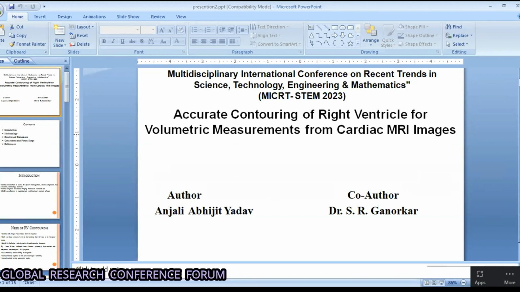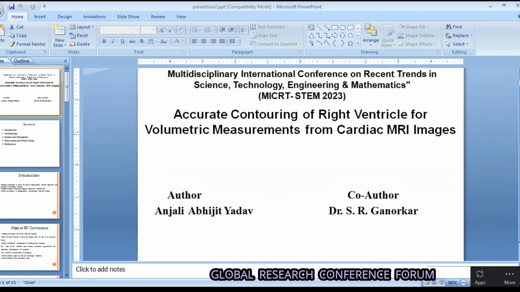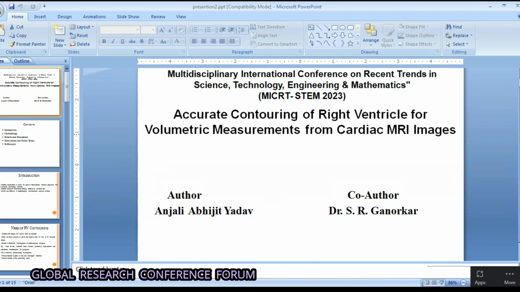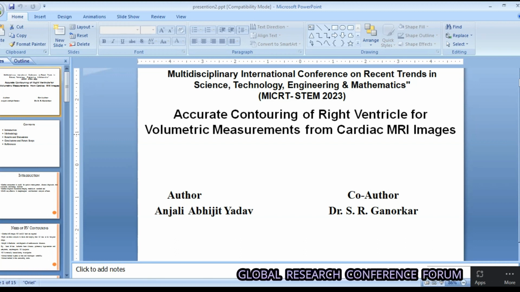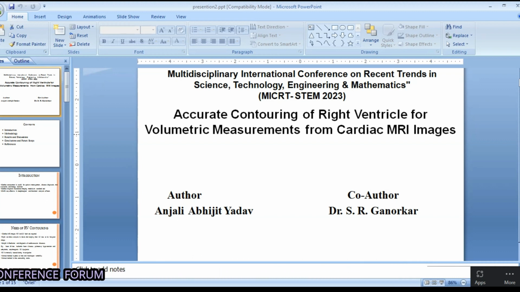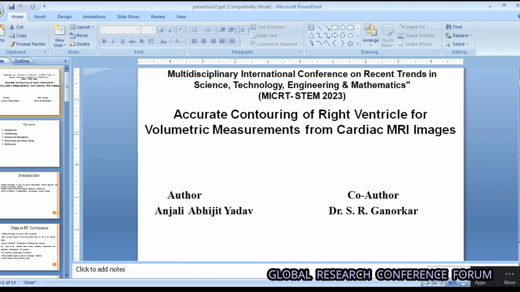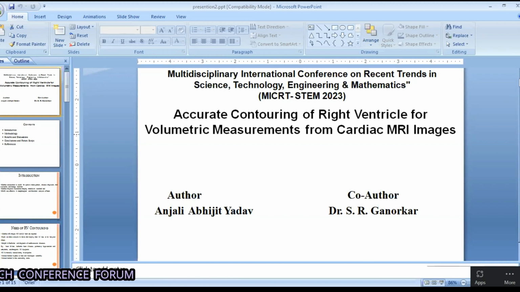In this, the atrium and ventricles all are required to be assessed, but my paper is for right ventricle contouring. So right ventricle analysis is more challenging than left ventricle due to its irregular shape, and it is helpful in prediction and diagnosis of cardiovascular diseases such as heart failure, ischemic heart diseases, pulmonary hypertension, arrhythmia, and arrhythmogenic RV dysplasia, etc.